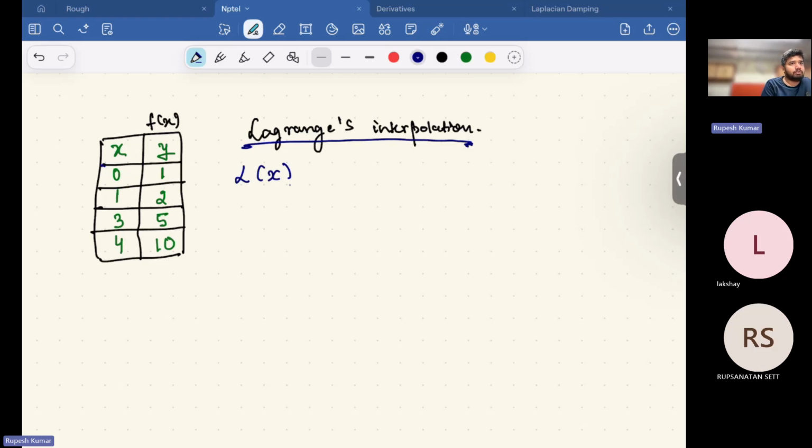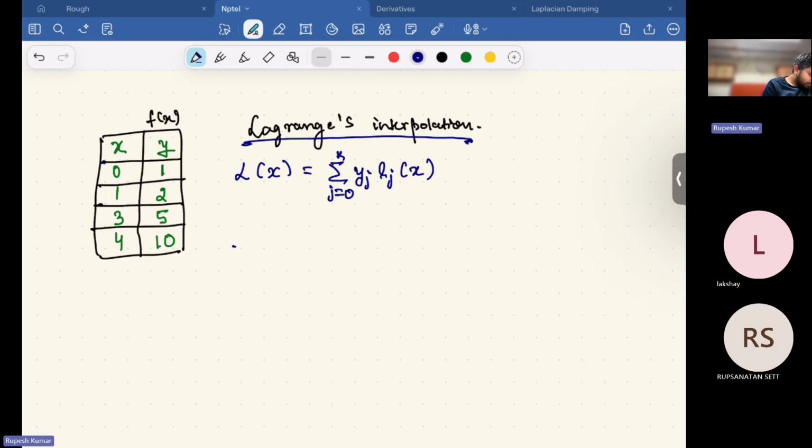So the interpolating polynomial can be given as a linear combination, which is given by the sum over j equals 0 to k of yj lj of x, right?